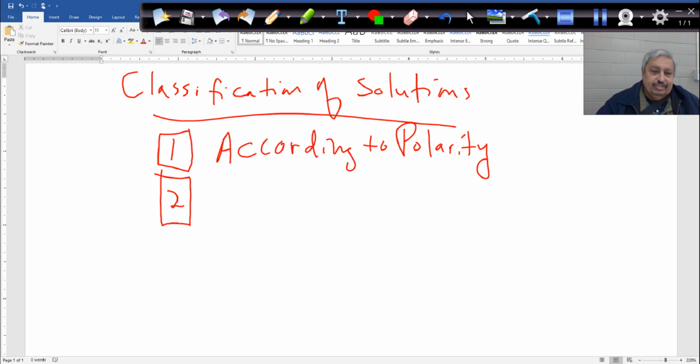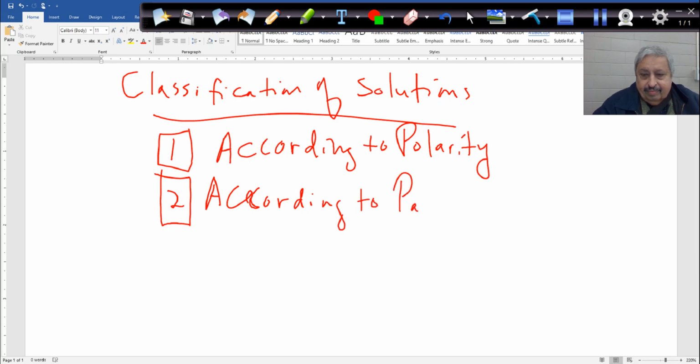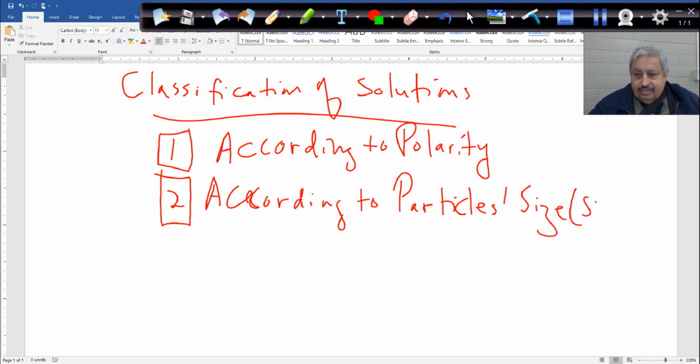So to be consistent, according to particle size, which is surface area, correct? At the end it is surface area.